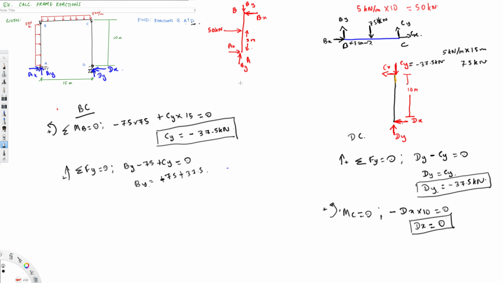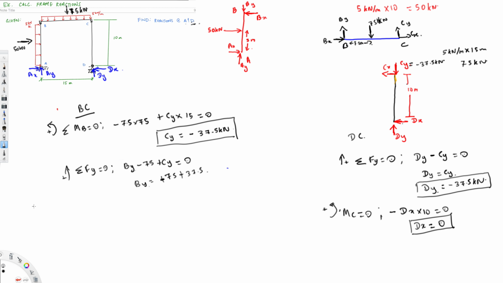To do this one, I can take the whole picture right now because it will be easier to calculate. So here we have calculated it's 50 kilonewton, and here we have 75 kilonewton. Okay, let's calculate.